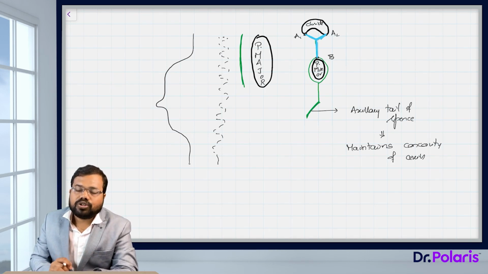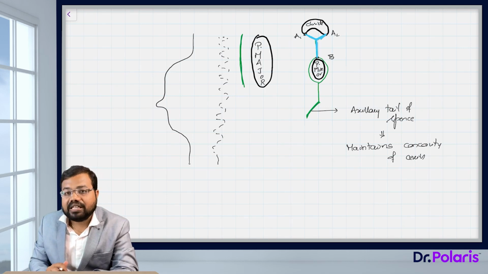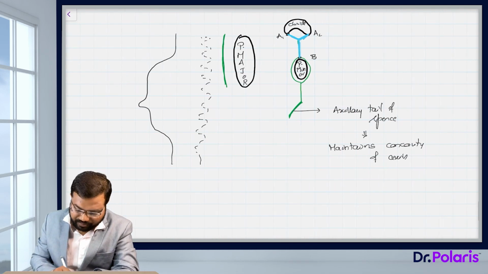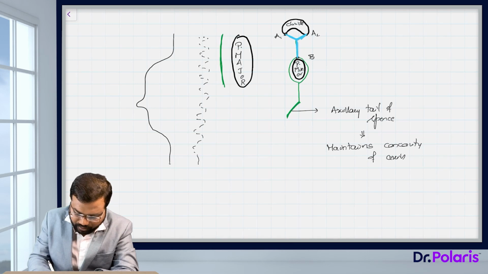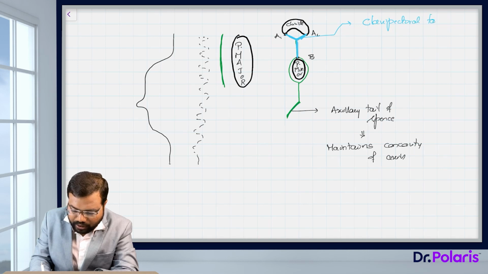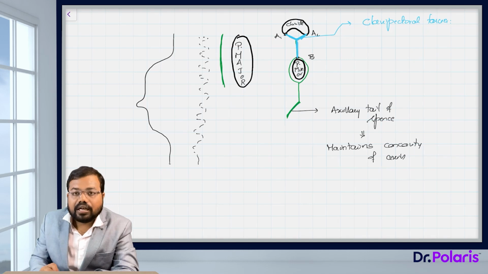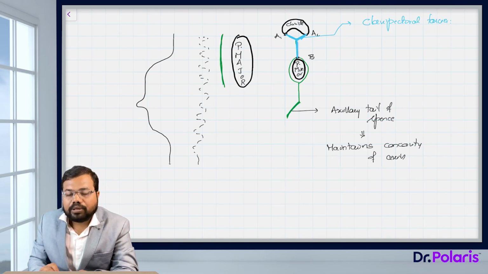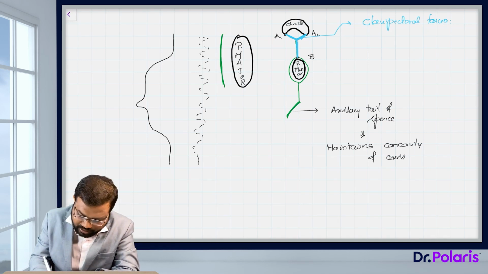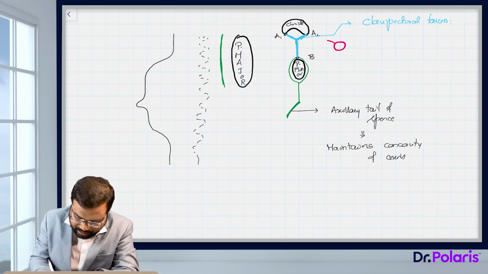Now the question is, what are the structures that pierce the clavipectoral fascia? First one is the thoracoacromial artery. Let's imagine this is the axillary artery, and one of the axillary artery branches is the thoracoacromial artery.